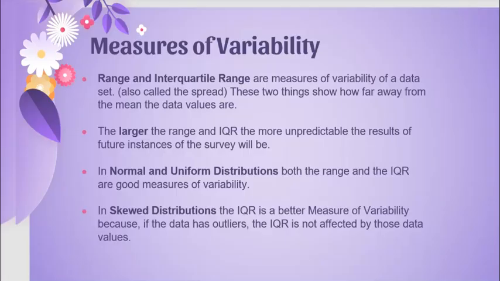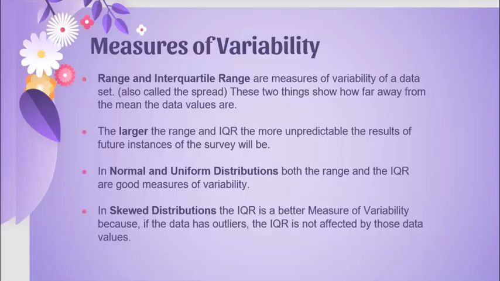That means the two things show how far away from the mean, which is the average, the data values are. The larger the range and the interquartile range, the more unpredictable the results of your future instances of the survey are going to be.